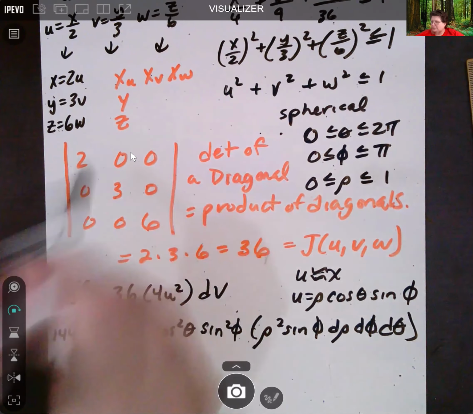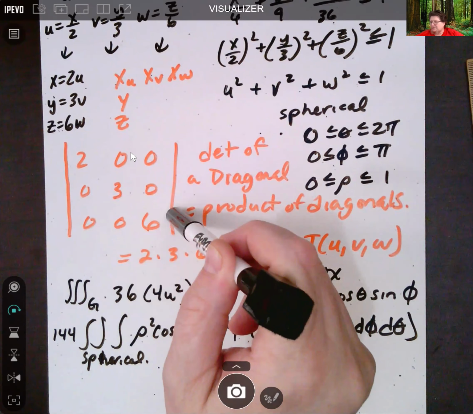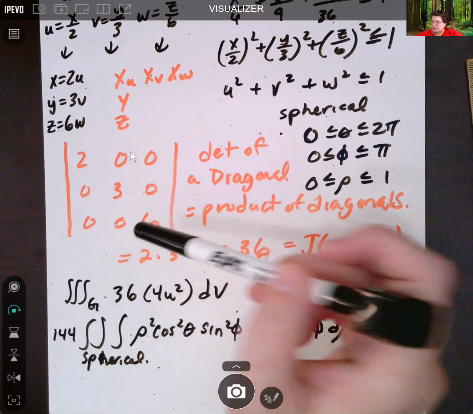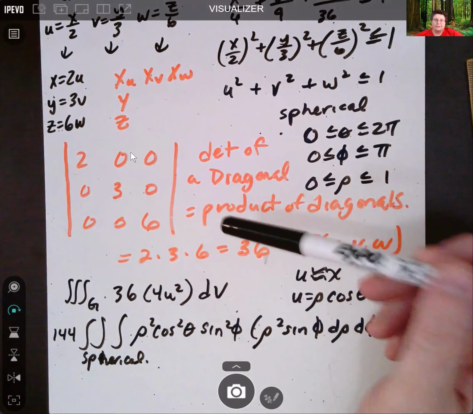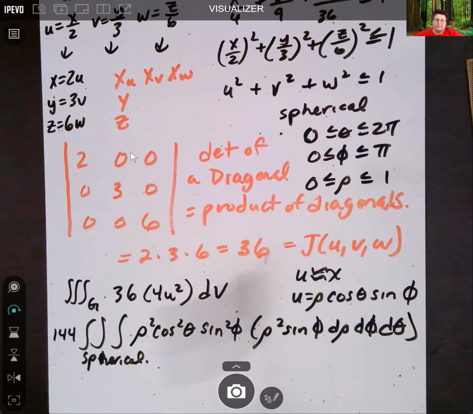You can work out this cross product if you want. You will learn in linear algebra, if you've got zeros everywhere else except the diagonal, the determinant is the product of the diagonal. I was speeding this up for presentations. You can go through and do this the regular way and still get 36.